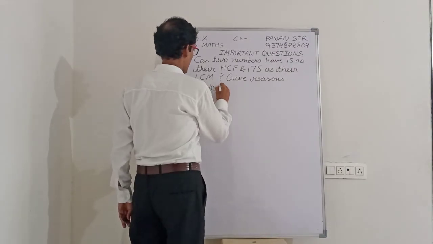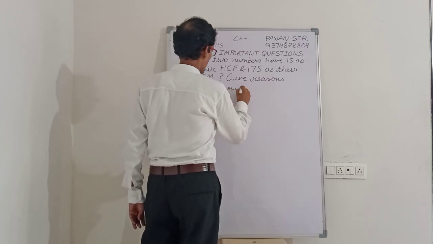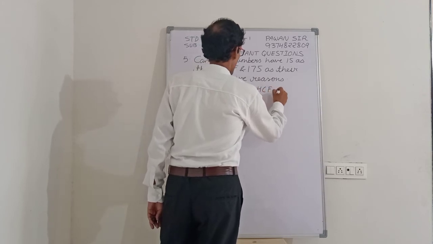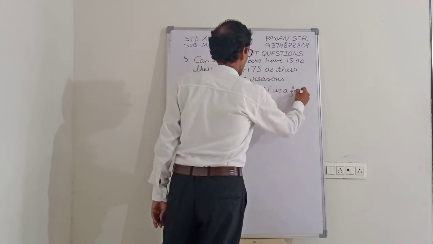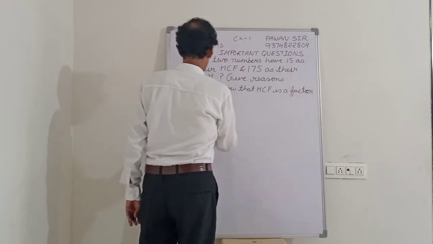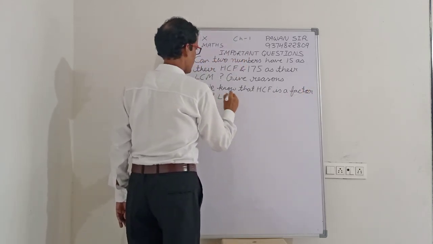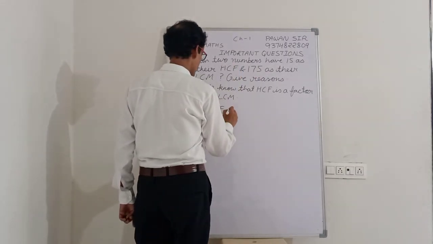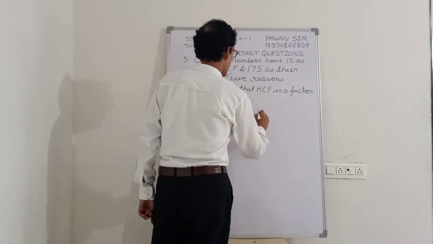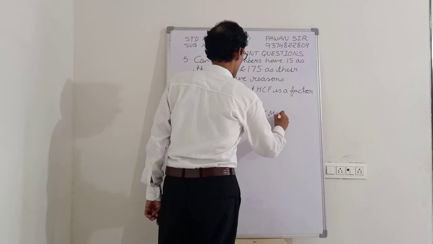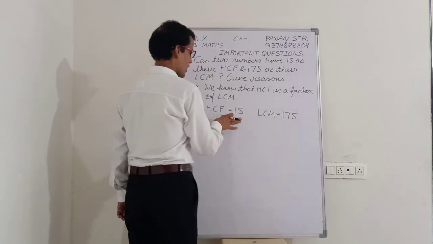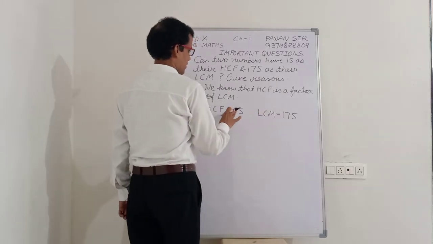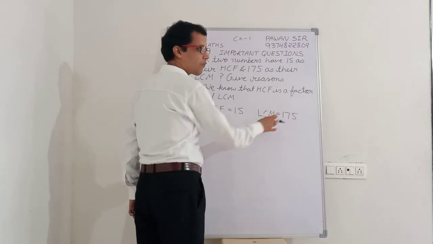We know that HCF is a factor of LCM. Here HCF is given 15 and LCM is given 175. So we have to check whether 15 is a factor of 175 or not.